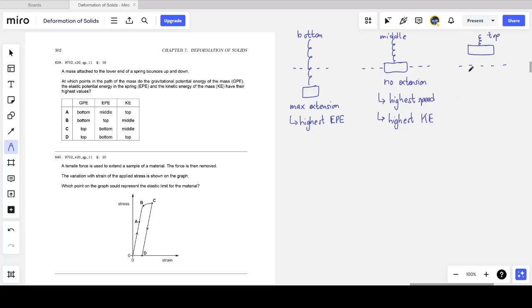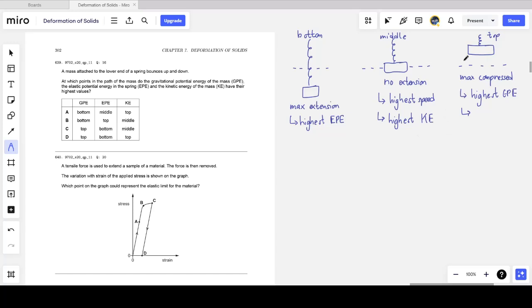And at the top of the motion, it comes to rest momentarily. It's at a maximum compression, not extension in this case. So the spring is maximally compressed. What do we know? When the spring is maximally compressed, it will have its highest elastic potential energy, but also it's at its highest point in the motion, so it's going to have the most gravitational potential energy, because gravitational potential energy requires a datum, and we can choose the datum to be at the lowest point.